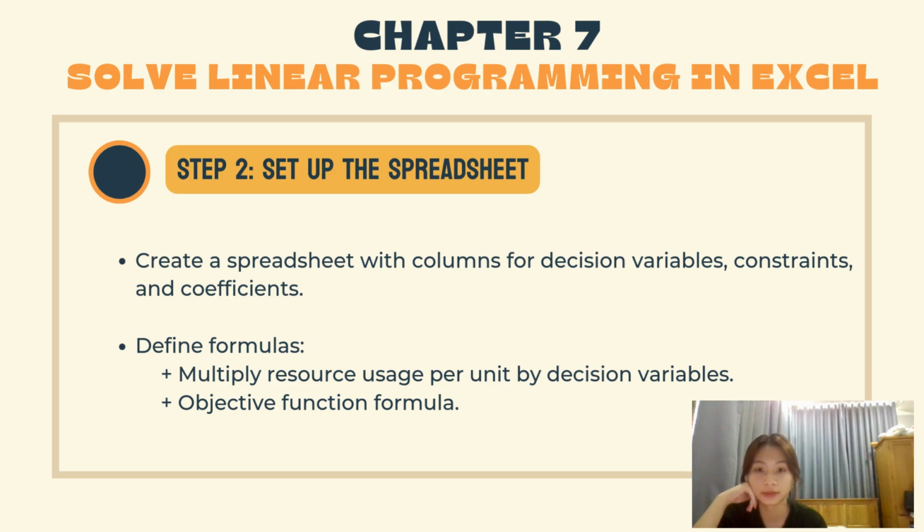The second step is to set up the spreadsheet. I will create a spreadsheet with columns for decision variables, constraints, and coefficients. After that, define formulas, multiplying resource usage per unit by decision variables, and using the objective function formula.